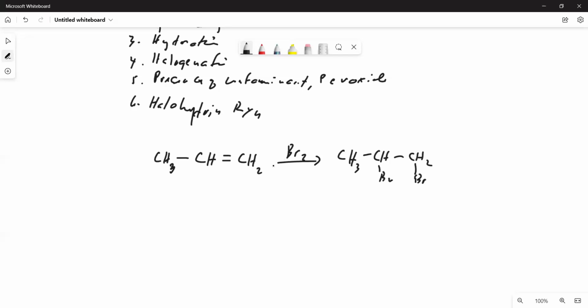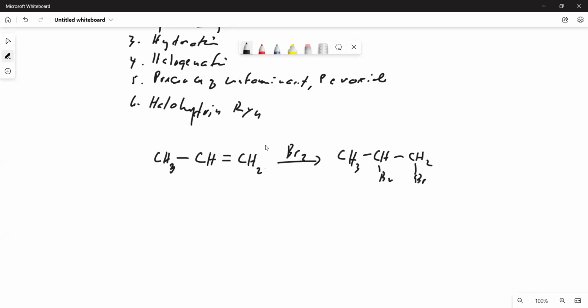And this kind of reaction class is very important because it is used to identify the presence of alkenes and alkynes, no? You call the test in the lab decolorization test, no? Test for alkenes and alkynes.